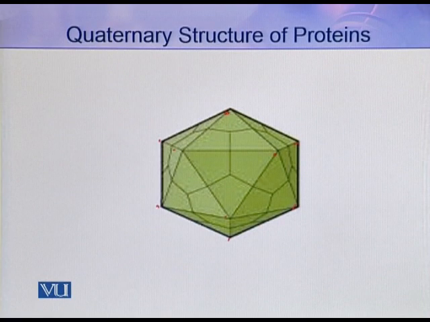There are 12 such corners in this icosahedron, and there are 20 such triangular faces. So like one is this, this. So such 20 faces are present. All these are actually protomers which are arranged in this fashion, and they make an icosahedron. Such types of symmetries are present in bacteriophages, as you have seen in the head of a bacteriophage.